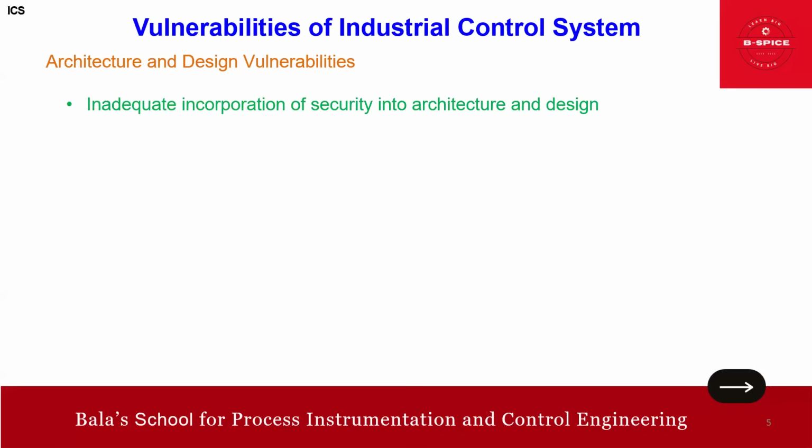That means from the design inception stage itself. That is a challenge actually, because of the constraints of budget, schedules, all these. So the point is we need to incorporate security into the architecture and design of the ICS. The security architecture should be integral to the overall enterprise architecture.